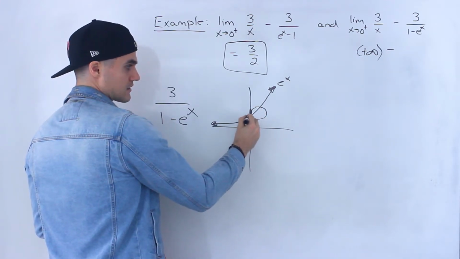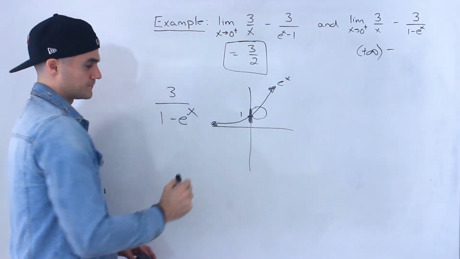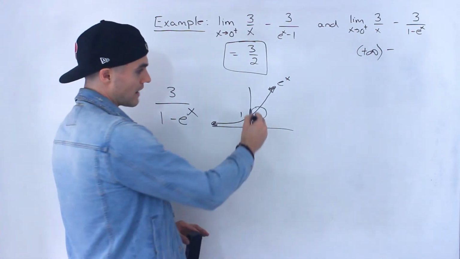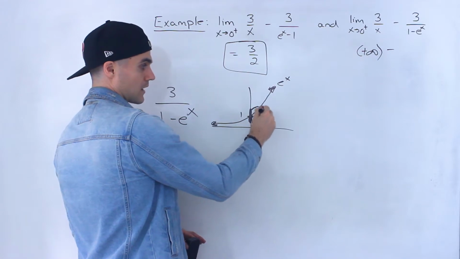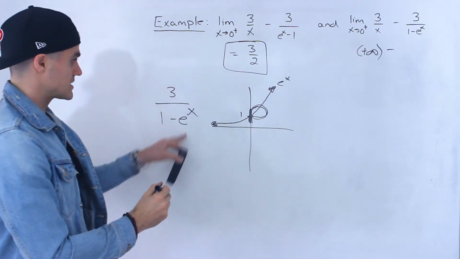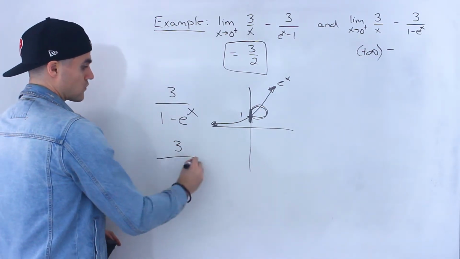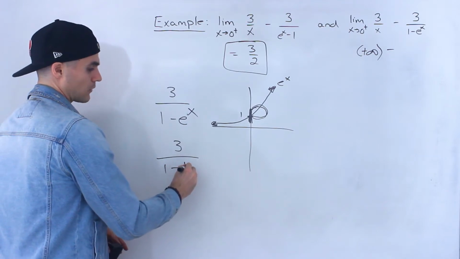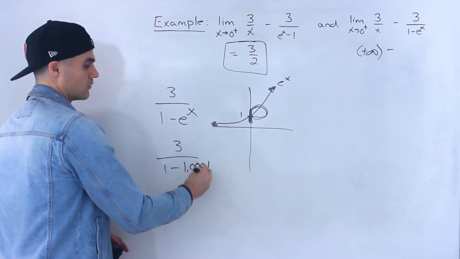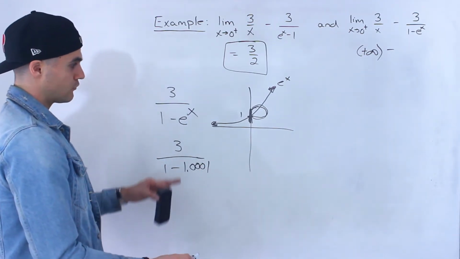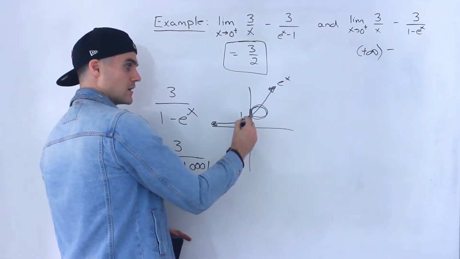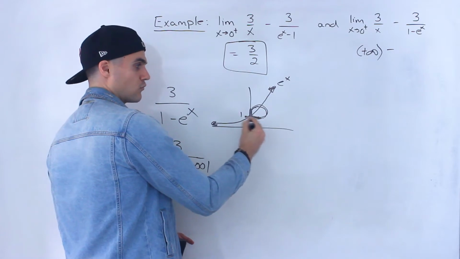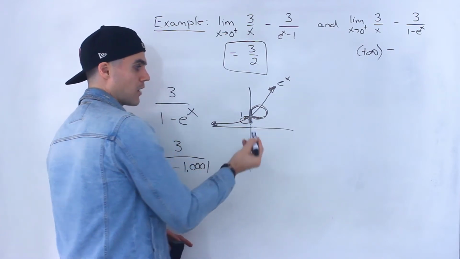Notice that this here, it's going to be a y value of 1, but it's going to be a y value of 1 from above 1, right? So this is going to end up being 3 over 1 minus something like 1.0001. Now, if we were approaching 0 from the negative side, we'd be approaching this y value of 1, but from the bottom.